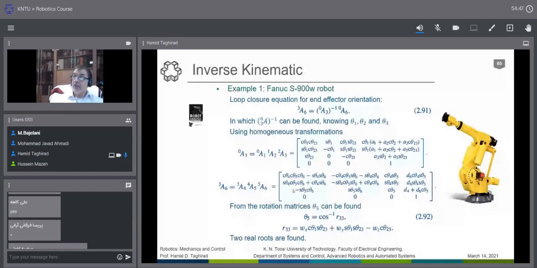At this point, we multiply these two together, two known parameters, and look at the R33, the 33 component of this equation. Whatever it is, how long it is no matter, because everything is known there. Consider that this then is given, we can find the cosine of theta 5 easily from here.